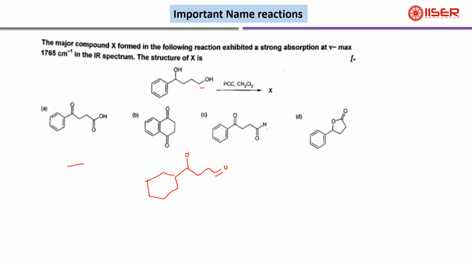In the next step, this OH will attack this carbonyl, forming a 5-member ring. Next, if it undergoes another oxidation, it will give us ketone. So the correct option is option D.